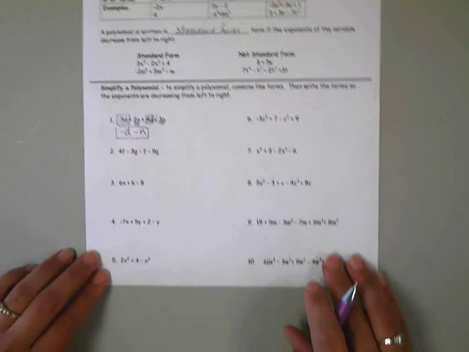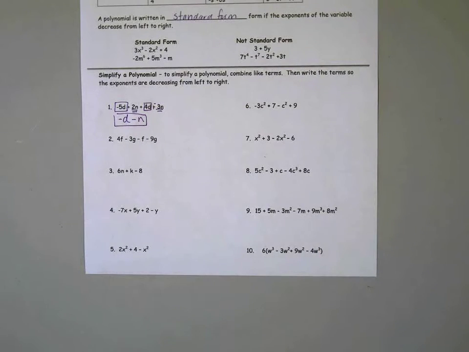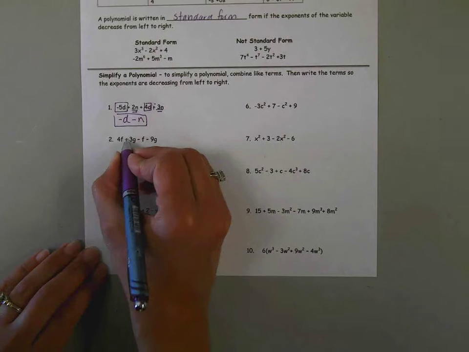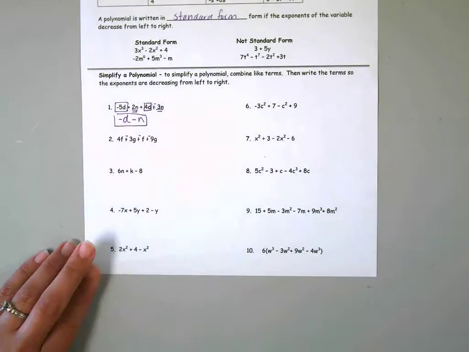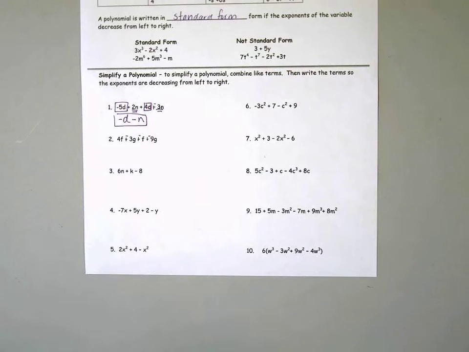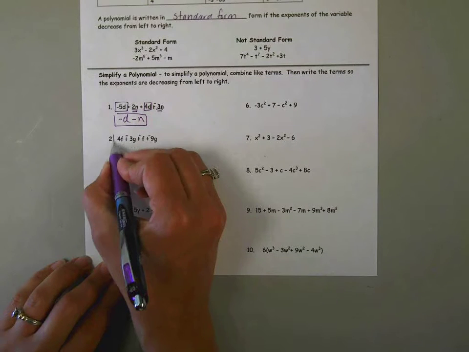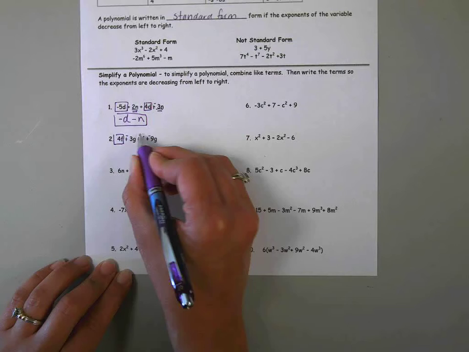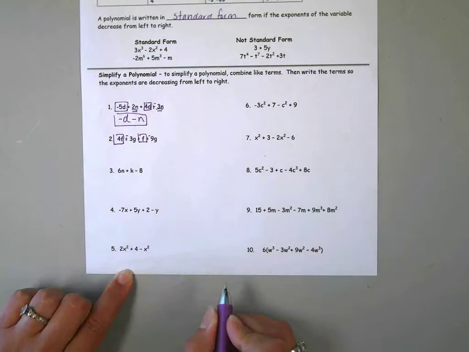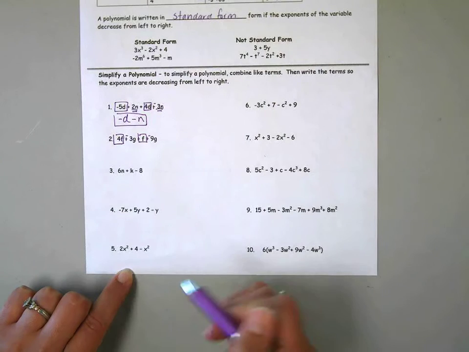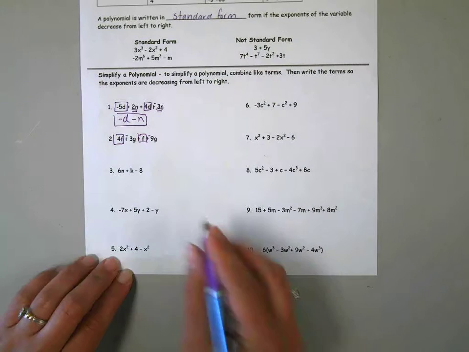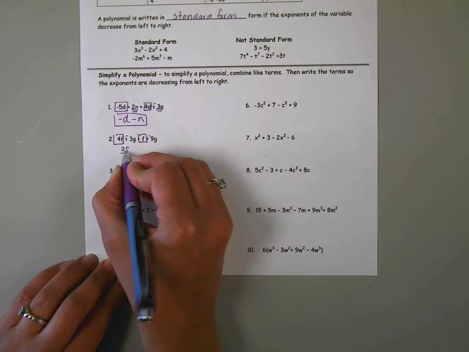Okay, let's look at number 2. I'm going to change all of these to the additive inverse just to help me remember that those are negatives. And I'm going to box in all of my f's. So 4 plus a negative 1 is a positive 3f.